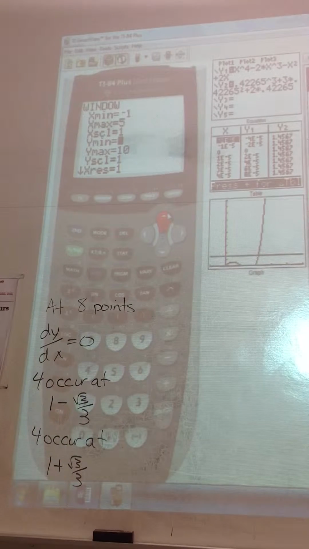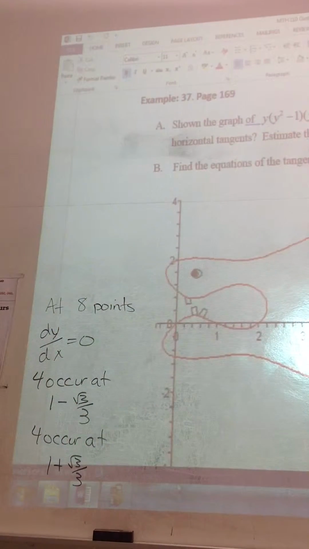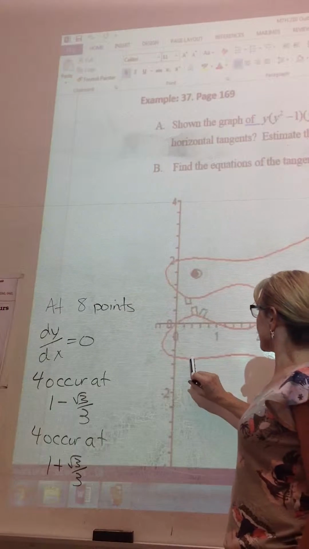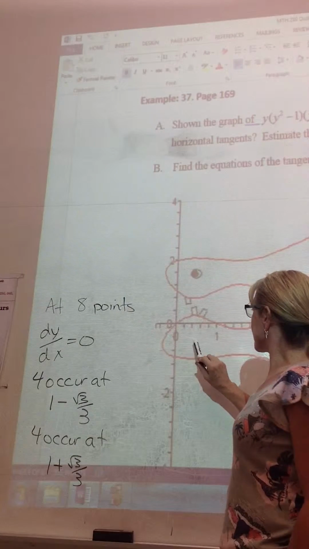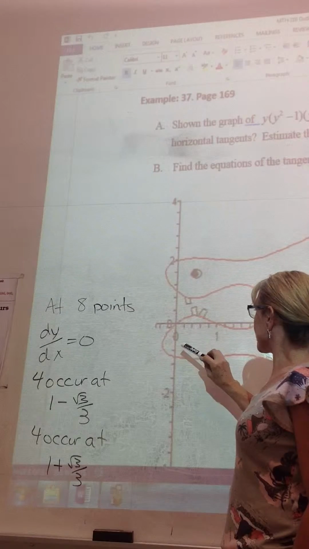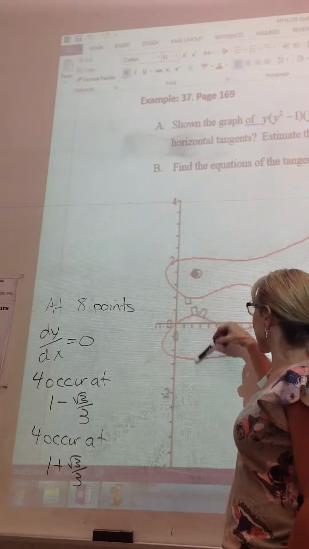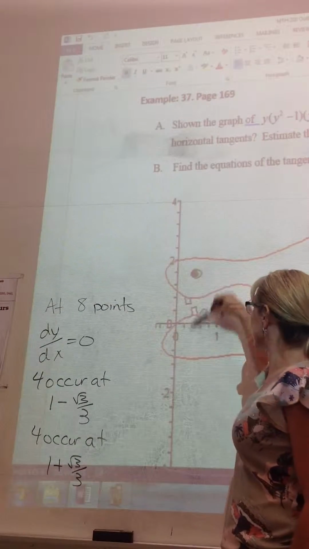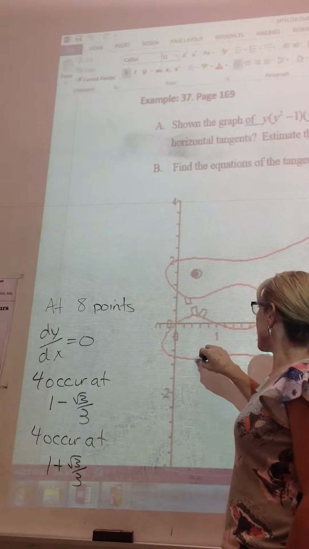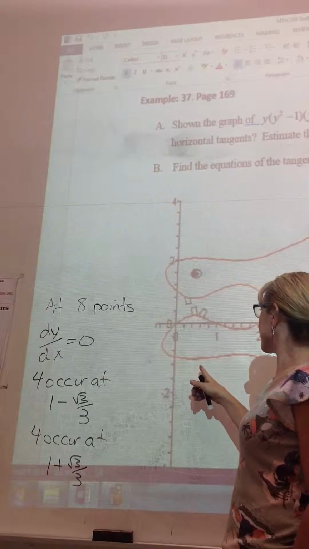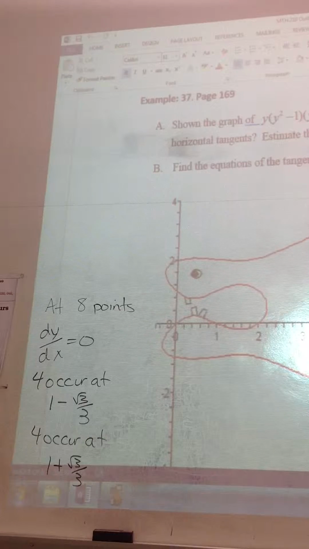I guess what I was looking at is that we're looking for these values really, and we want it equaling. Oh yeah, because I plugged it in here.